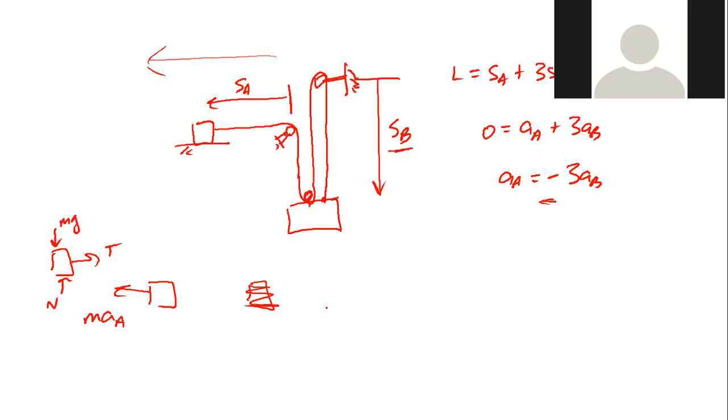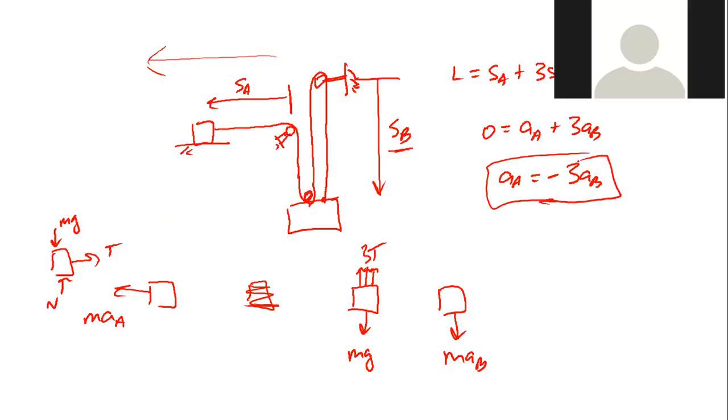If I set my free body diagram up like that, and I set my free body diagram here like this, and my kinetic diagram, where I have 3 T's essentially, and I said, okay, this is going to be going down, right? If I set that up and do my math, then this is exactly the same setup, right? Okay.